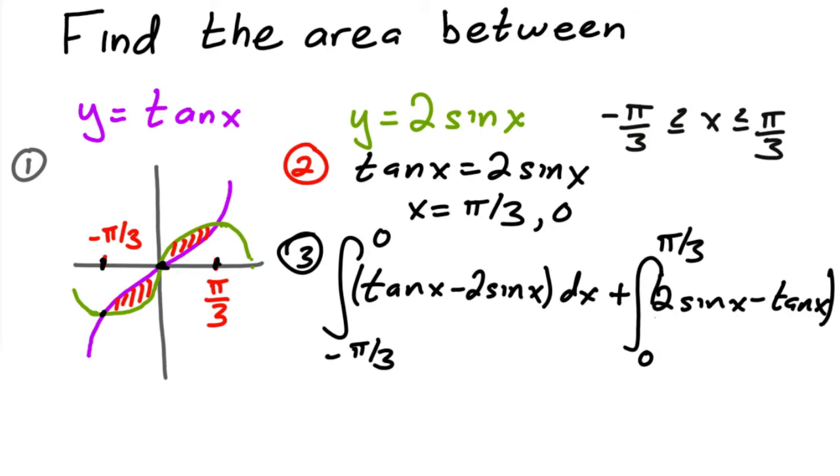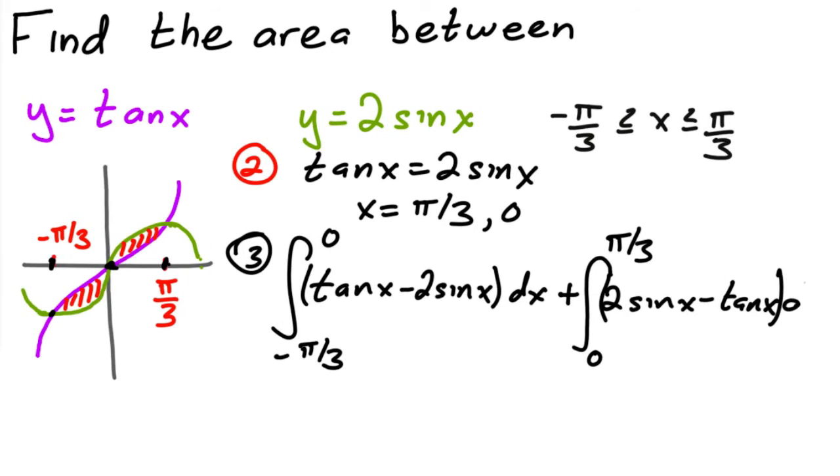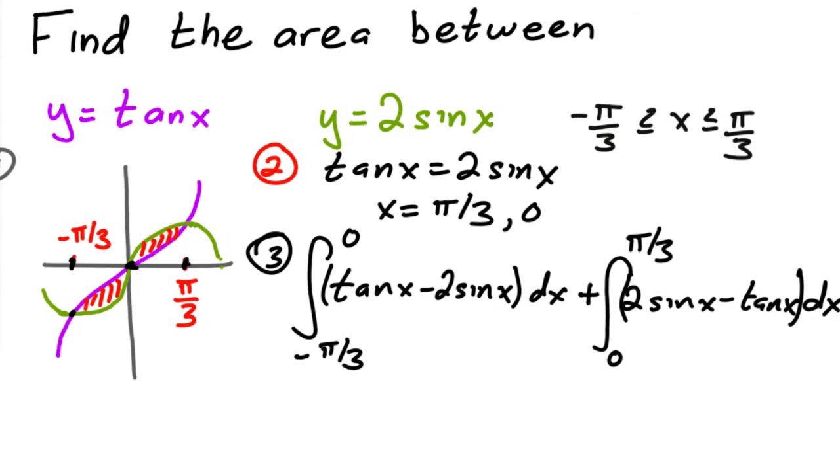Now, you know, that's fine and dandy, but notice how the area right here, this area, and this area, that's symmetric. So the area is actually the same. So instead of doing both of these, you're going to get the same thing twice.